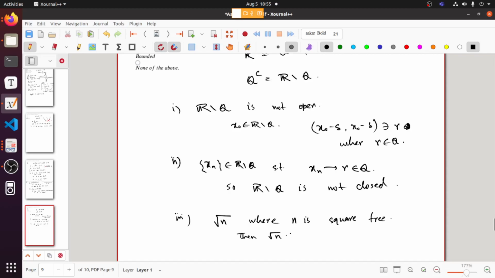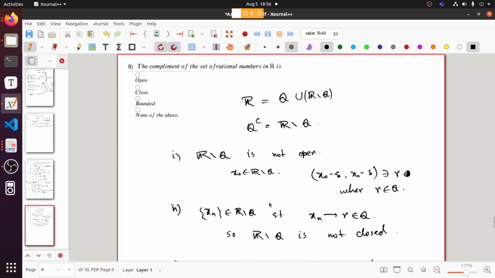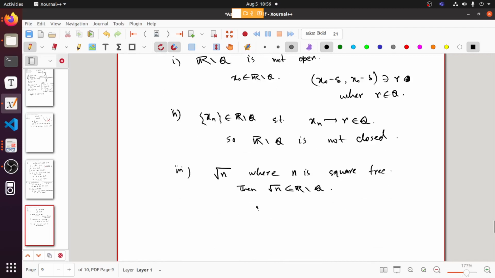And this is unbounded. So this is not bounded. So what will be the answer? The irrational number set is not open, not closed, not bounded. So it will be none of the above.